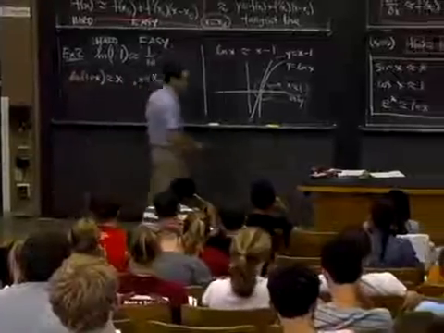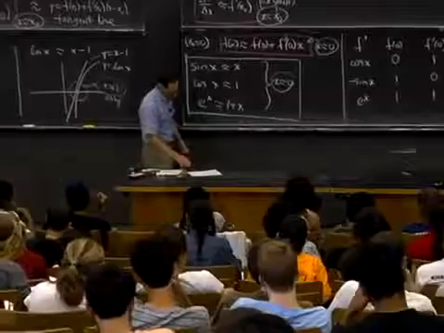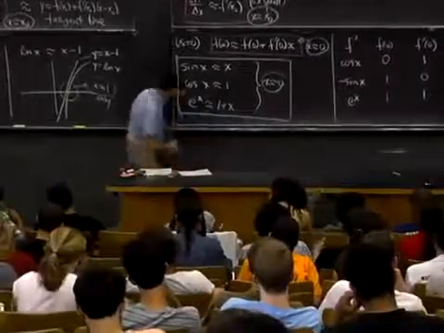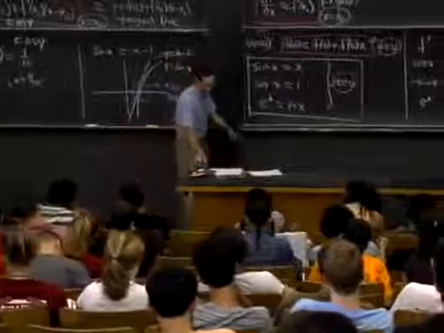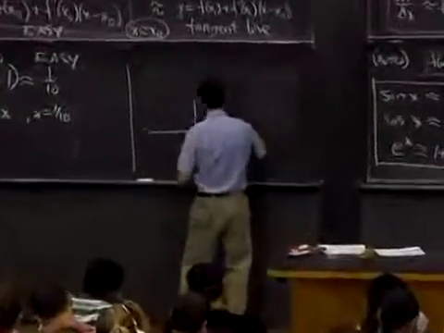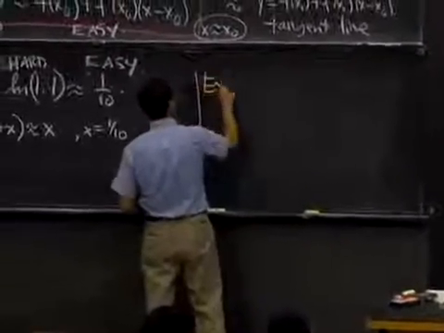Okay, so let's continue here. Let me give you some more examples where it becomes even more vivid, if you like, that this approximation is giving us something a little simpler to deal with. So here's example 3.